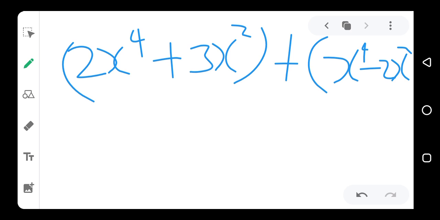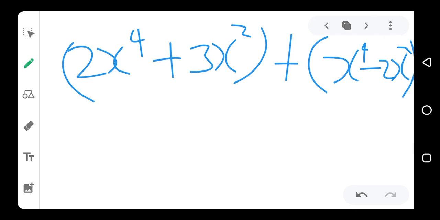Now we arrange them again. We put the like terms together. So we are going to have, the first one is 2x raised to power 4.